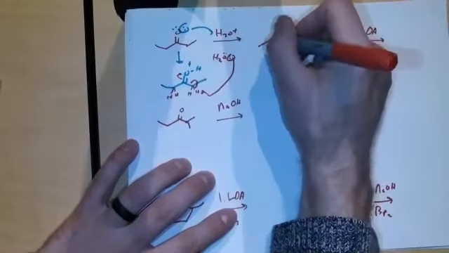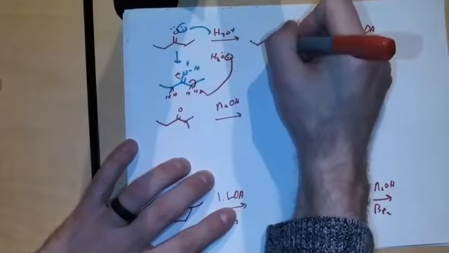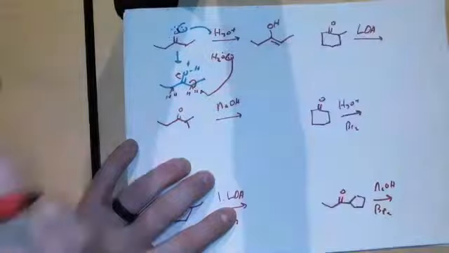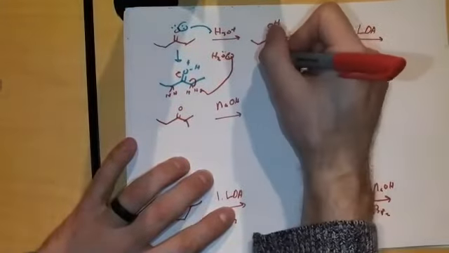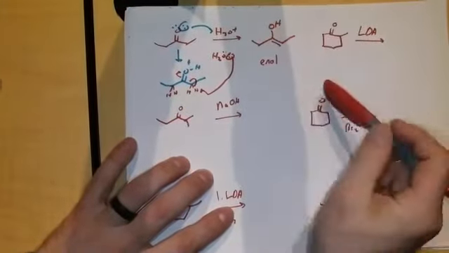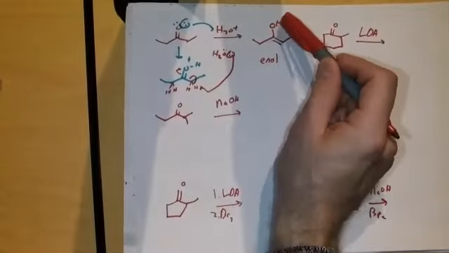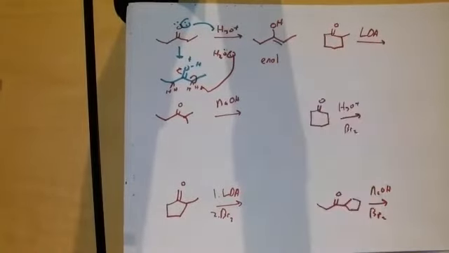And we are going to make an enol. So an enol is the neutral adduct. You have this proton here on the oxygen. It's not negatively charged, versus the next one.